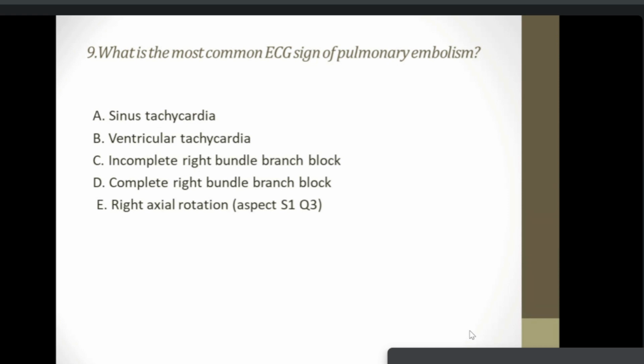We will wait for a few seconds, as usual. For the others, of course, feel free to write your answer in the comments. We will wait another 5 seconds.